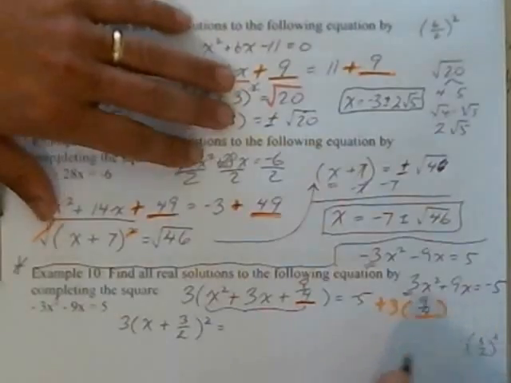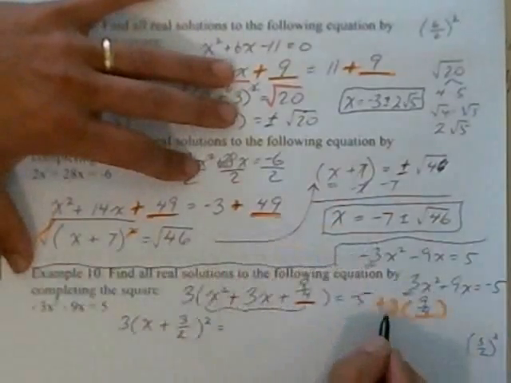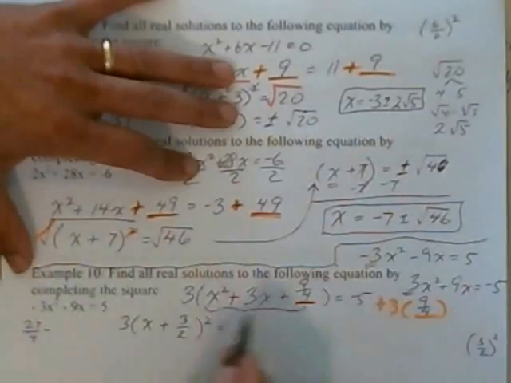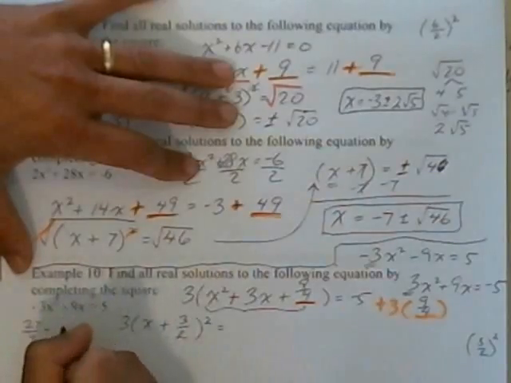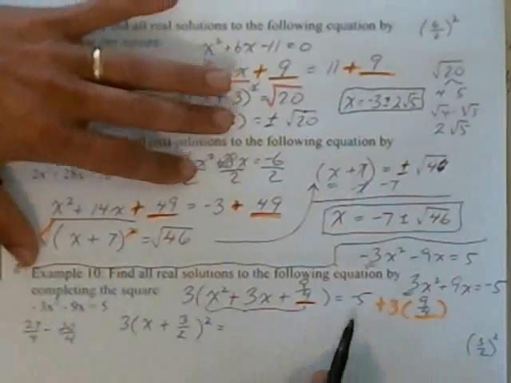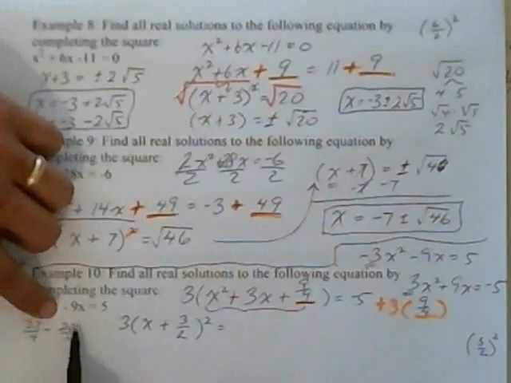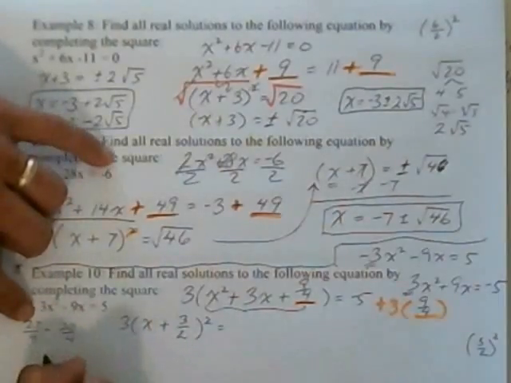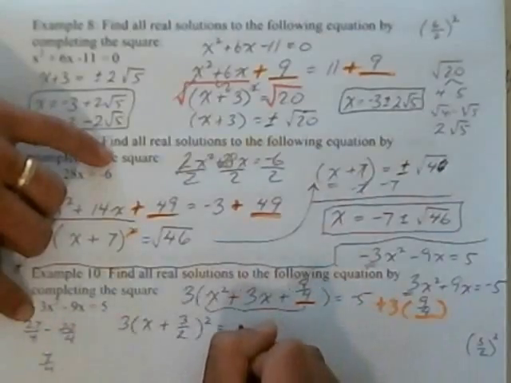I'm going to do this on the right side a little bit. So 3 times 9 is 27 over 4, minus 5 times 4 is 20 over 4. So minus 5 becomes negative 20 over 4. With a common denominator, it's going to be 7 over 4. So it's going to be equals 7 over 4.